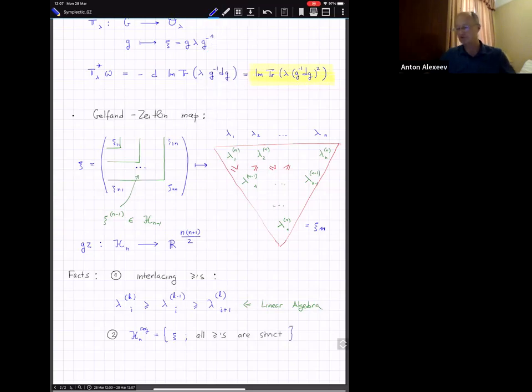Here they are typically non-strict, but suppose that all of them in all of the tableau are strict.